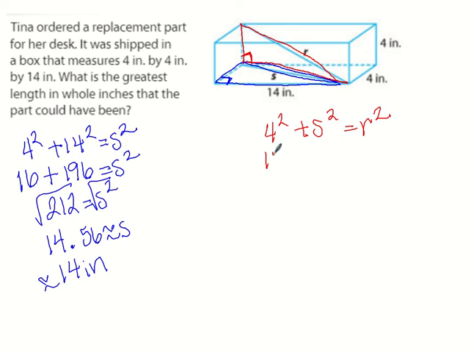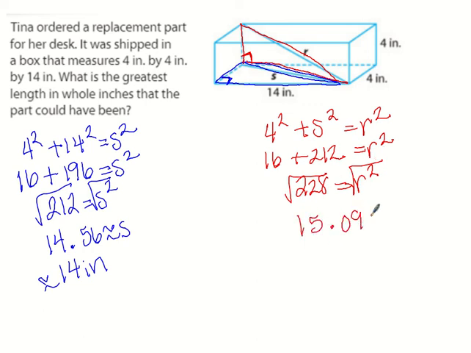I then did 16 plus 212, because that's my S squared, equals R squared. I add 16 plus 212. We get 228 equals R squared. Square root it. It is 15.09. So we would say 15 inches.